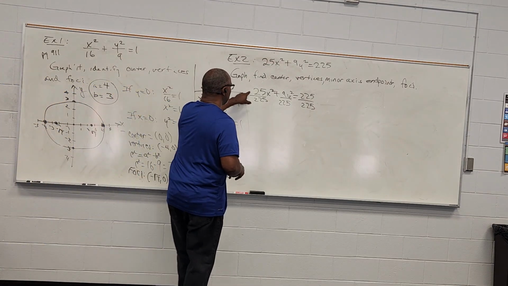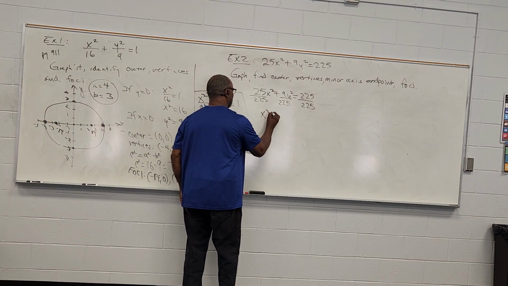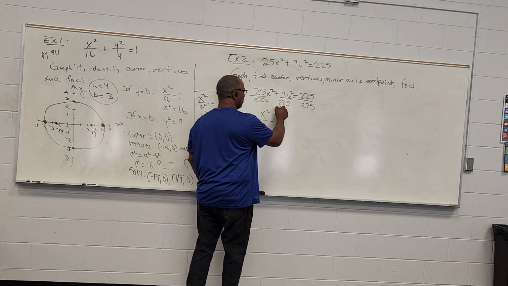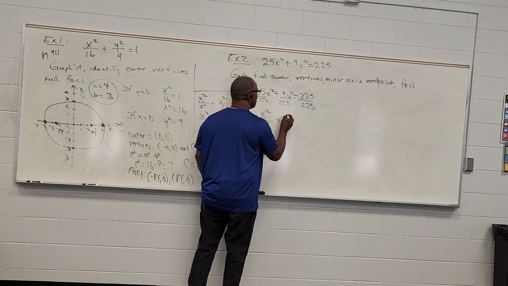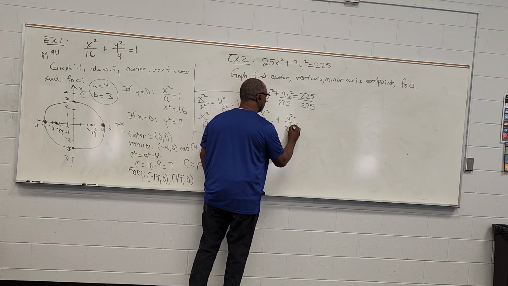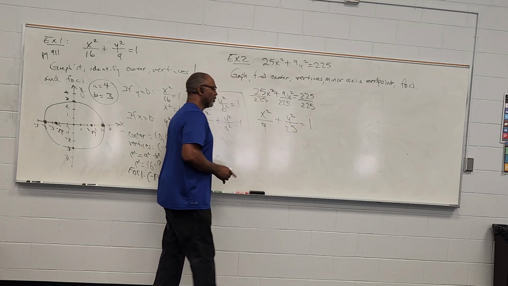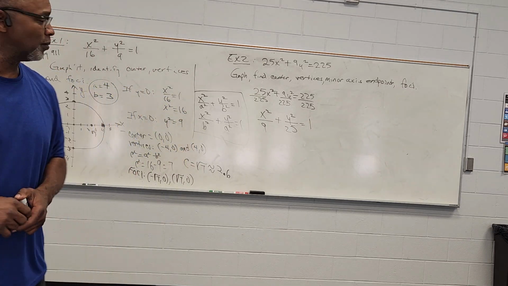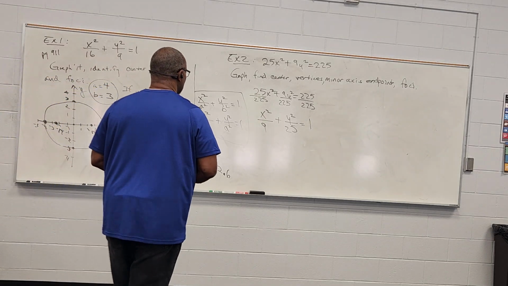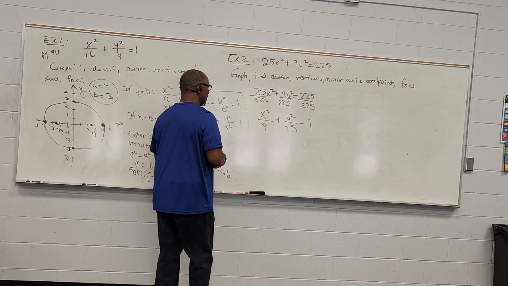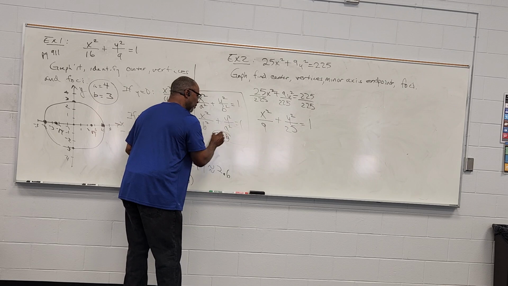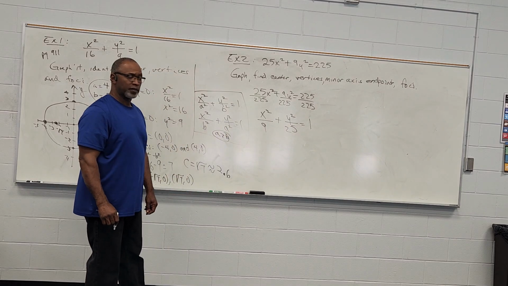Well, 25 goes into 225 9 times. So x squared over 9. 9 goes into 225 25 times. So y squared over 25 equals 1. Now it's in standard form. Since it's in standard form, I can see, and again, for all these forms, a is always going to be bigger than b.